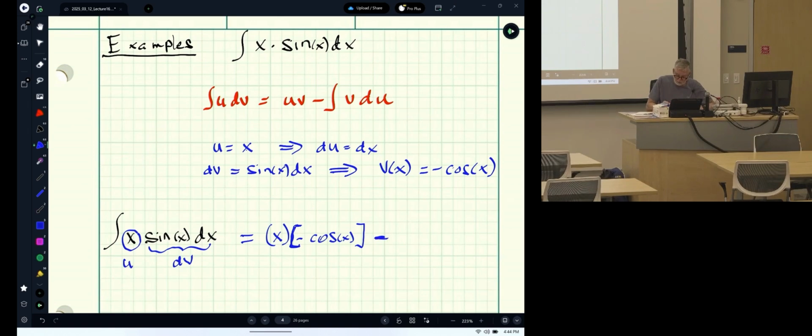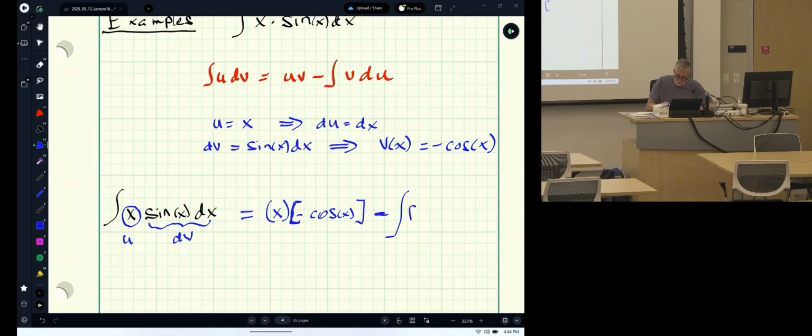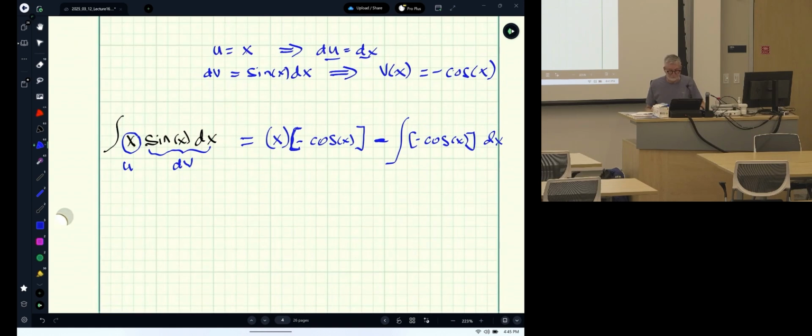And then minus the antiderivative of v, minus cosine of x, and then I plug in du, which is dx. So with just a little bit of simplification, we get minus x cosine of x.